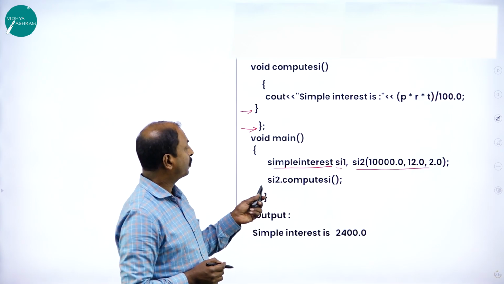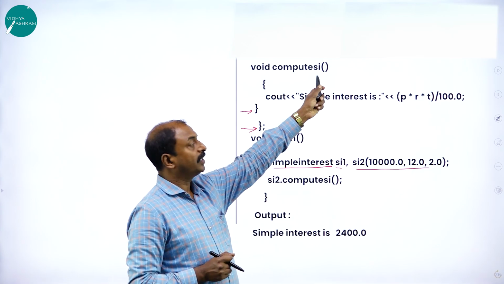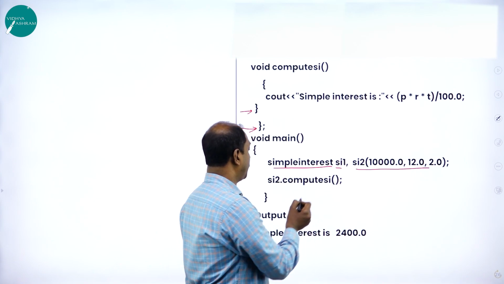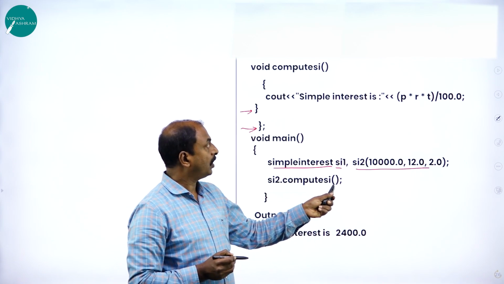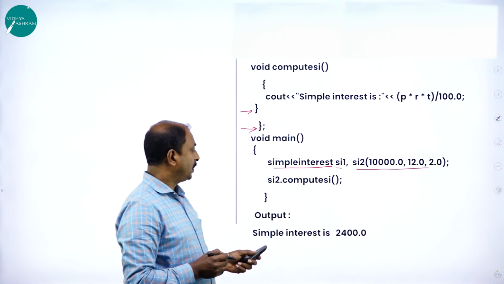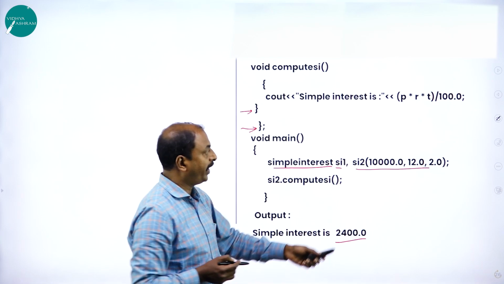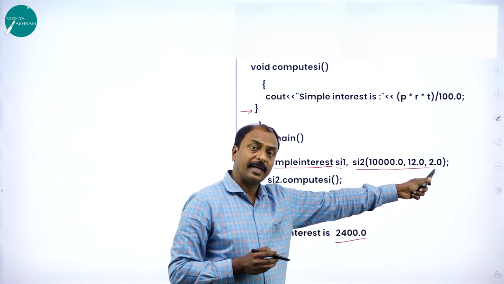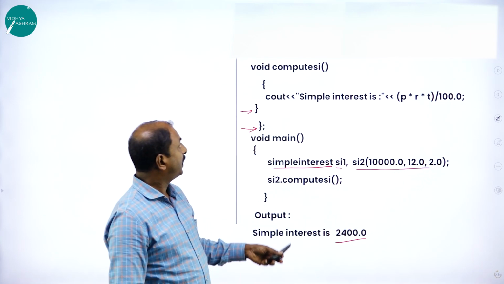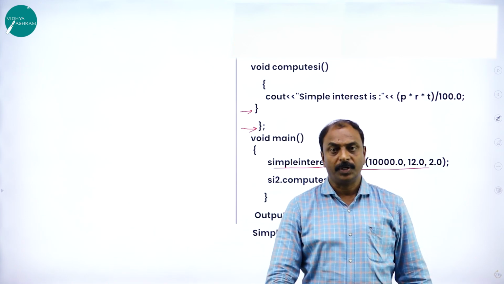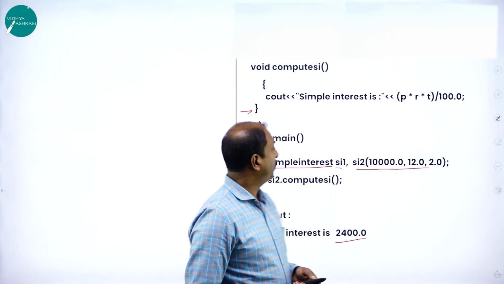Now next we have to call the function computeSI. We are calling it with SI2.computeSI(). Now the output gives the simple interest with the values given in the parameters. So this is an example program to show constructor overloading.